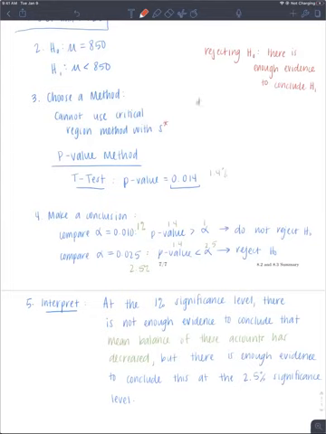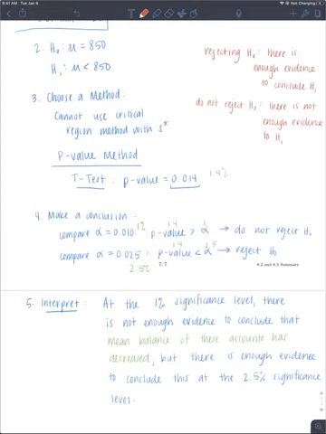If I do not reject H naught, then there is not enough evidence to conclude H1. You never want to say there is enough evidence that mu is equal to 850, because you're never going to accept the null hypothesis.